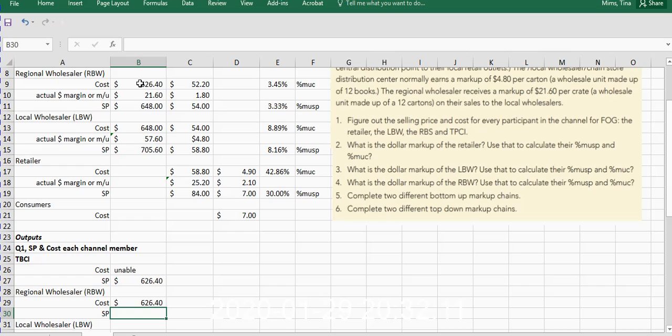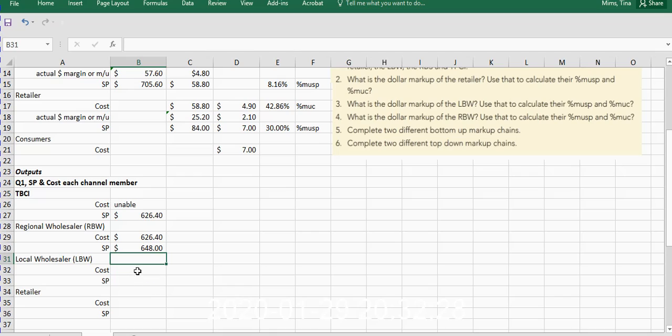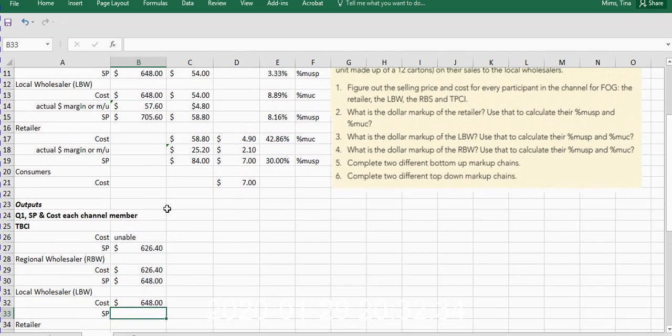We got that. In fact, in the case, what you would probably do is refer to the selling price of the manufacturer. However, we need to go pick up the regional wholesaler's selling price, which is all this question is asking for, which means we have the cost for the local wholesaler, isn't that right? And the local wholesaler's selling price we were able to calculate.